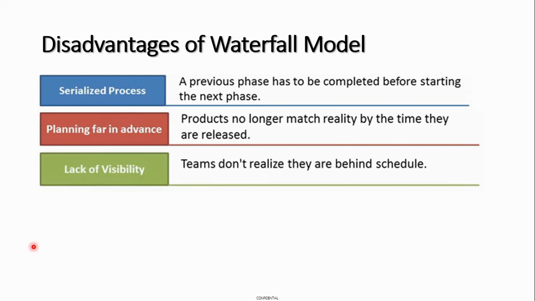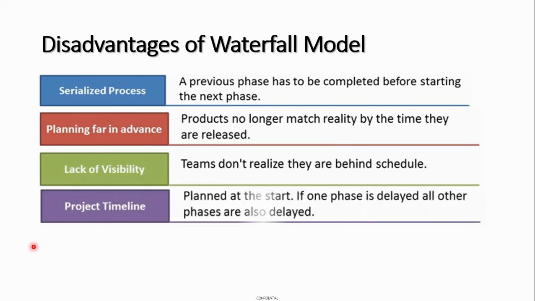And sometimes when you travel through the waterfall method as a serialized process, down the line the teams tend to forget about the time schedule and they lose track. There's a greater tendency that they lose track of the project schedule, and generally they fall behind the project schedule.